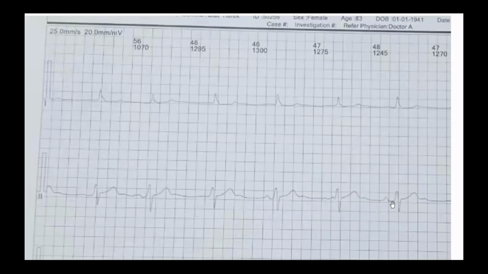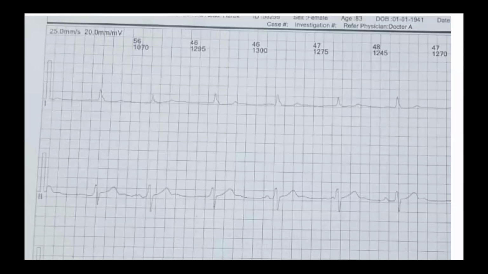Then the next beat is conducted, and what you see after the T is the U wave. Yes, this is a U wave, not a P wave. So this patient has sinus bradycardia and junctional escape rhythm. So she has sinus node disease.